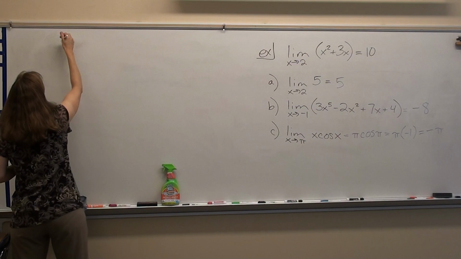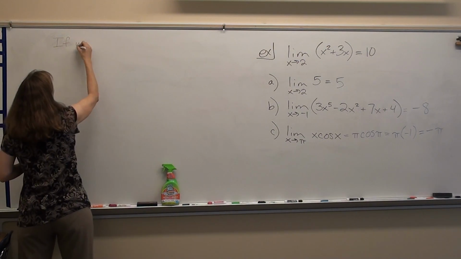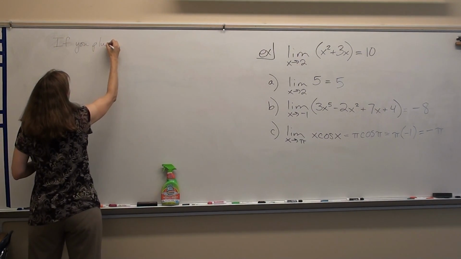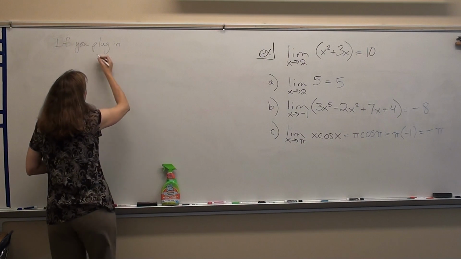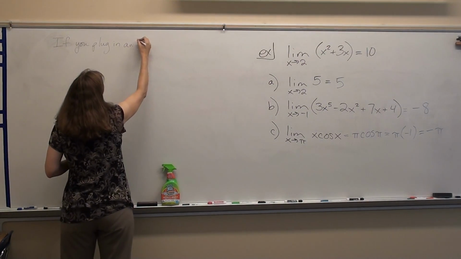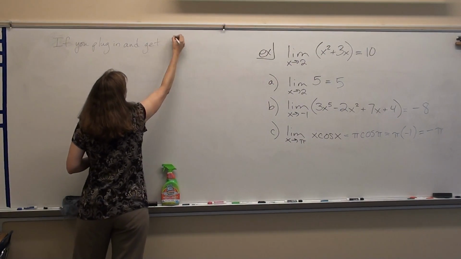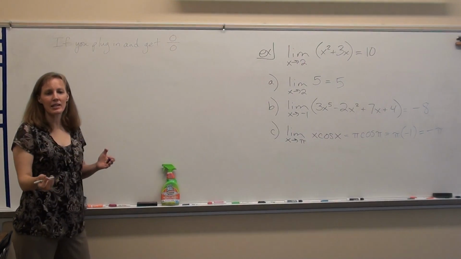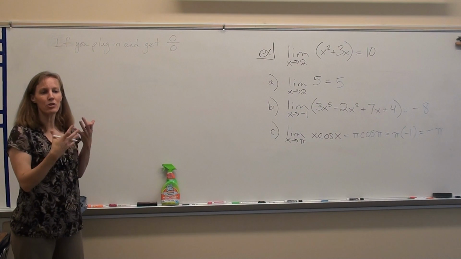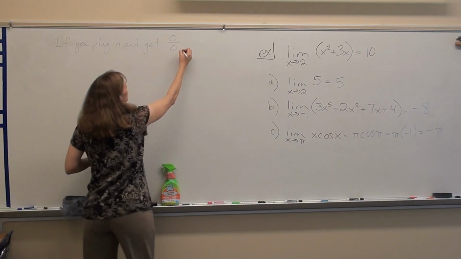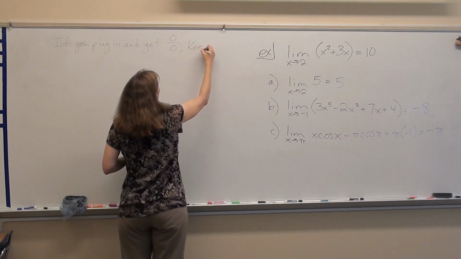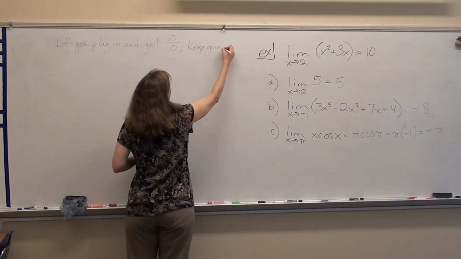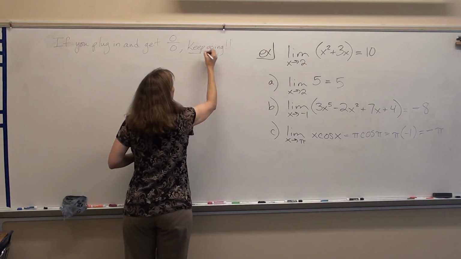If you plug in, and I apologize, this is not correct math jargon, that's okay. If you plug in and get 0 over 0. So say you plug the x value into the function and you get 0 over 0, keep going.